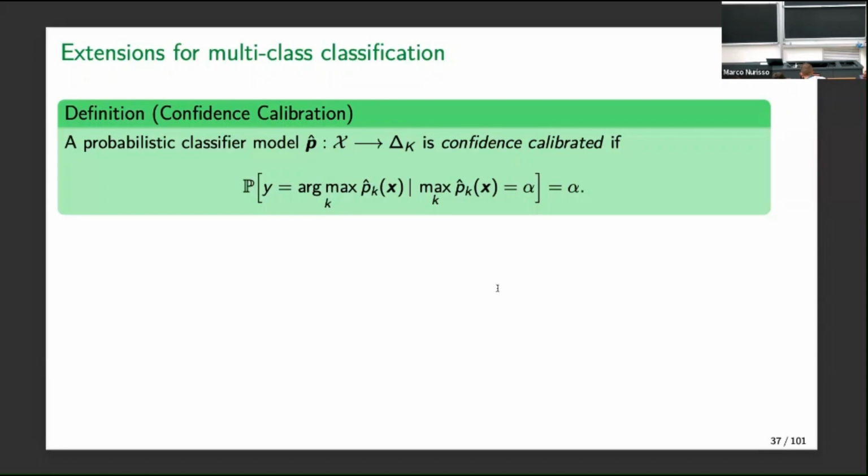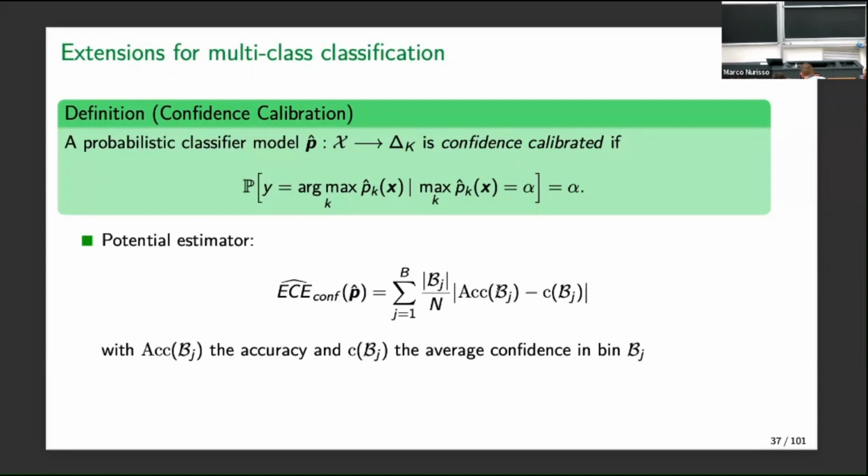So again, this is on the population level, so this cannot be measured on a data set. So what you do is you're going to estimate this, and it's exactly the formula as we had on the previous slide. The only difference here is that we now look at the accuracy in every bin, and we look at the average predicted highest probability for each of the bins. So you're going to do the binning now according to those maximal probabilities. So that's called confidence calibration.